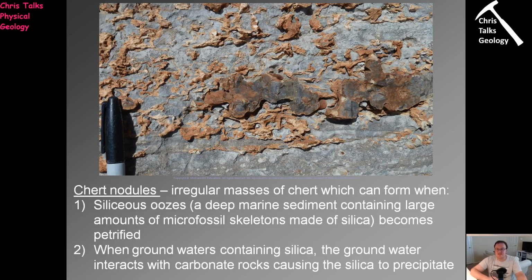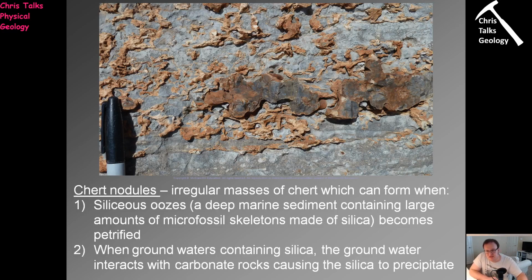The term flint is still used. It's typically used by archaeologists when they're describing arrowheads and other tools made of chert. So they'll typically use flint to describe that type of material that's been worked by early humans to make tools. But in terms of geology, we refer to it now exclusively as chert.